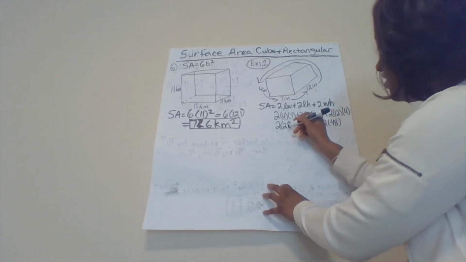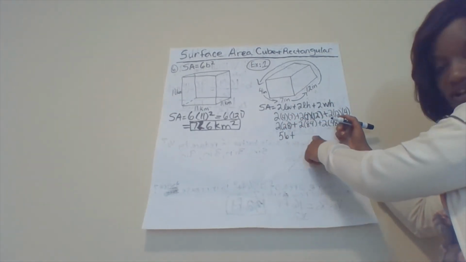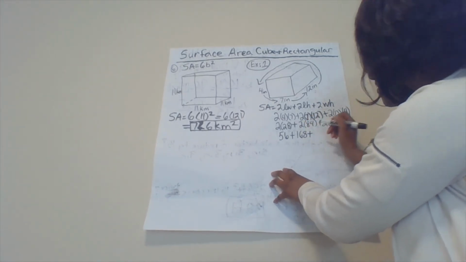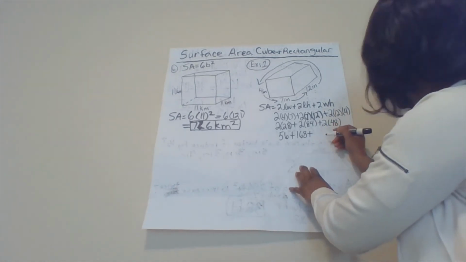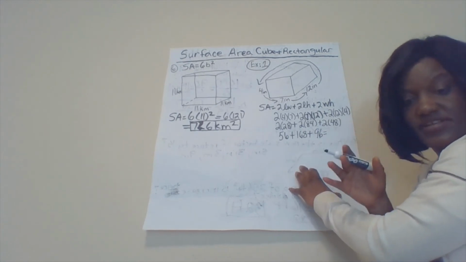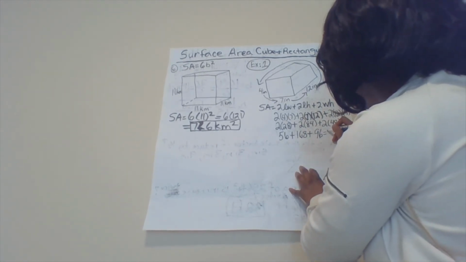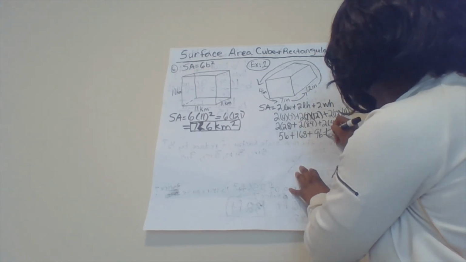So 2 times 28 is 56, plus 2 times 84, that's 168, plus 2 times 48, that's 96. And your final answer, on this particular problem, is 320 inches squared.